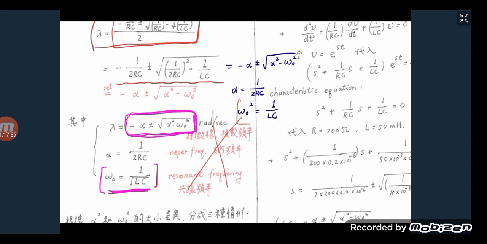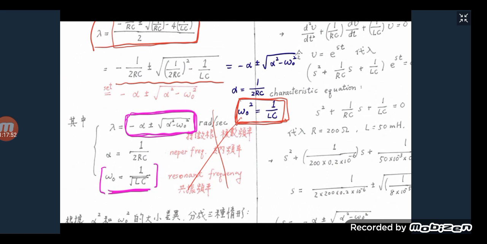I have to say that this equation is very important, because in later sections you will see that it's the resonant frequency.